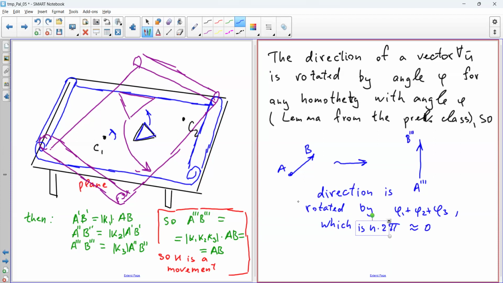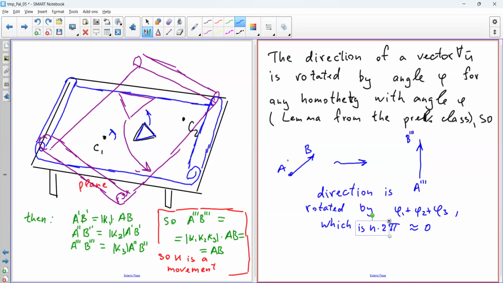So what do we know now? We know that for any segment AB, its length was preserved, its direction was preserved. That is already basically what we want to show.